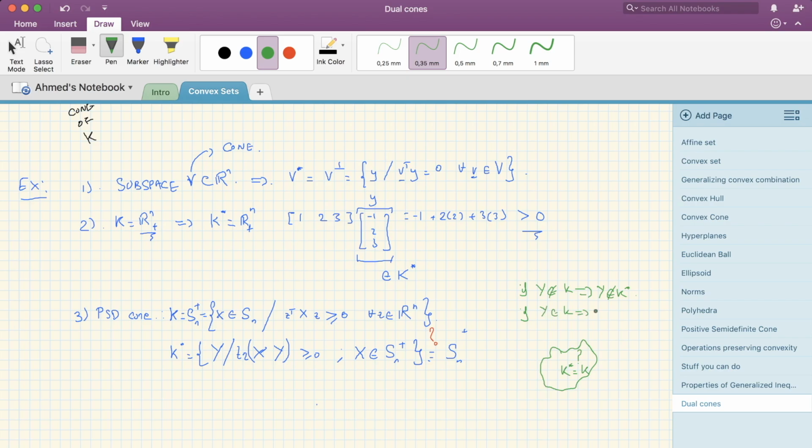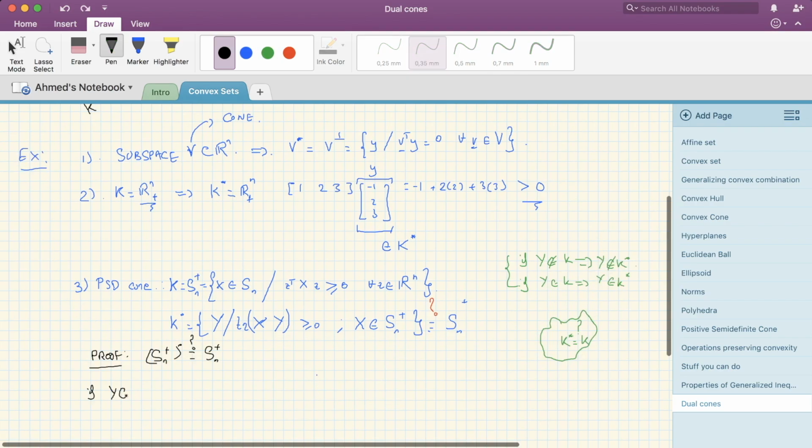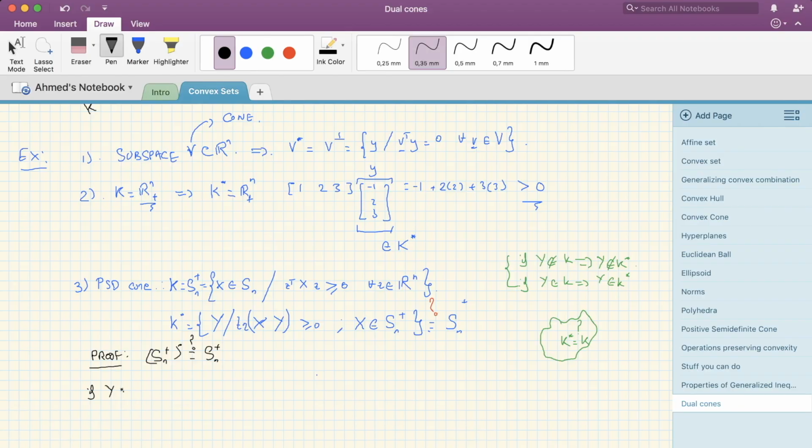So you have to prove both statements. Let's start by picking y not in k, or equivalently y is not in Sn plus. And what does that mean? According to the definition of positive definiteness, it means that there is a vector z such that z transpose yz is negative. Let's introduce the trace on both sides.